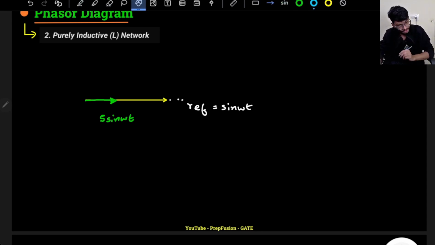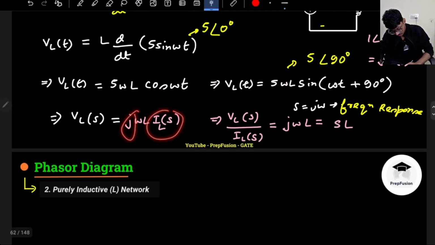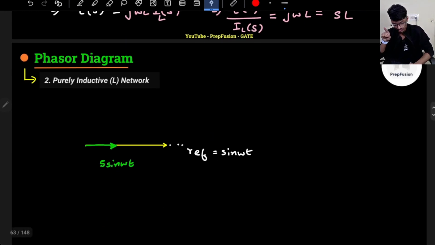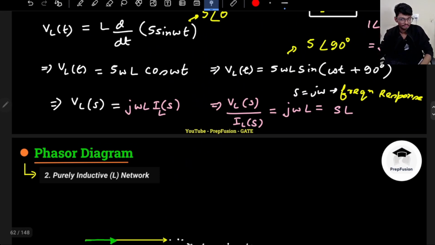And what about the voltage? The voltage will be plus 90 because it is leading. You can write it as j into I_L. Whenever there is multiplication by j, j is 1 angle 90, so I am going in the anti-clockwise direction by 90 degrees.